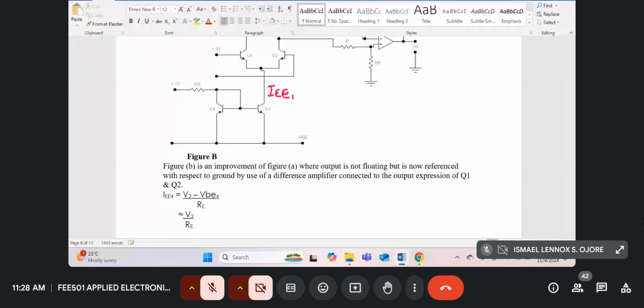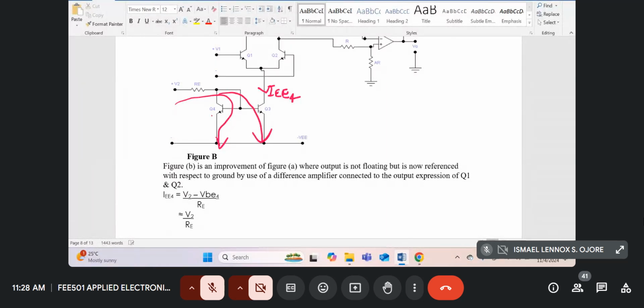I've not written it, although I've typed over here. I'm calling it IEE4. Q4. Okay, so if this is the current, now if you apply KVL to this part over here, it will be identical because these are matched transistors Q4 and Q3.